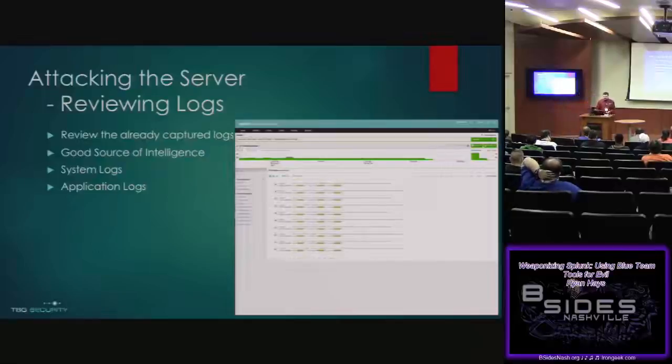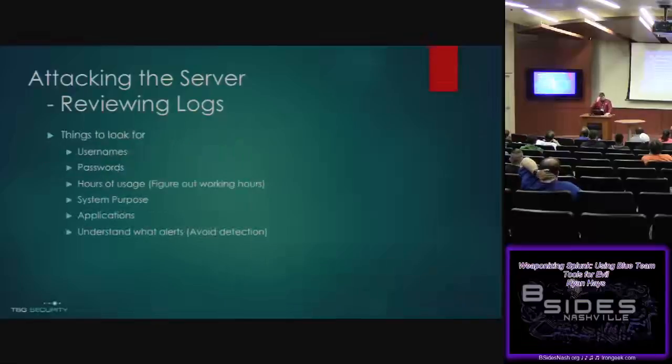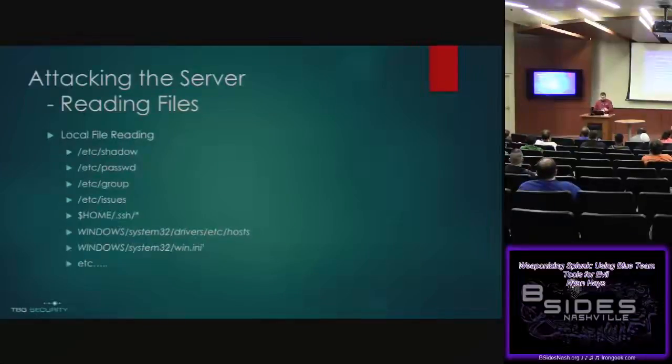If it is custom web app logs, we can go in there and see that these users have higher level privileges than other users. Here are some key terms I look for: username, password, things like that. Those are really going to get you the quick wins. And here are some files that I usually go for. The SSH keys, that's really fun.